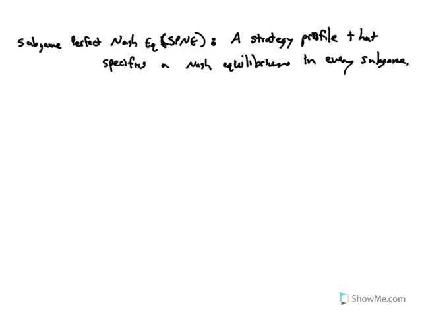Okay? And note that because we said the full game is also a subgame, and the reason that we want the full game to be a subgame is because of this definition, so a necessary condition for an equilibrium to be subgame perfect is that it's a Nash equilibrium of the entire game itself. So subgame perfect Nash equilibria are a weak subset of the set of Nash equilibria.